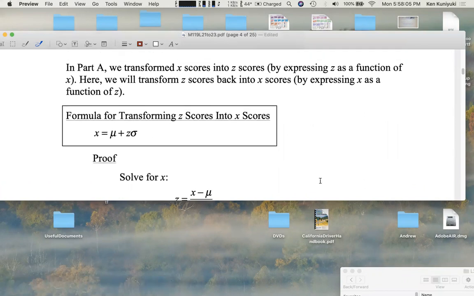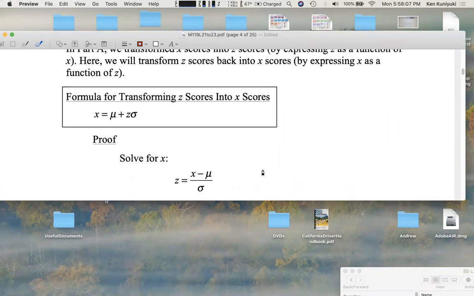Back when we were converting from x to z, we used this formula over here, our classic formula for finding z-scores. What I'm doing here is deriving a formula to take you from z back to x.